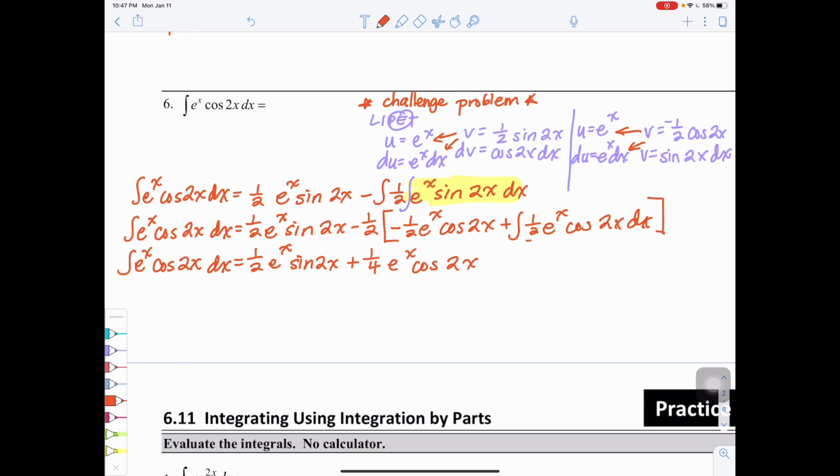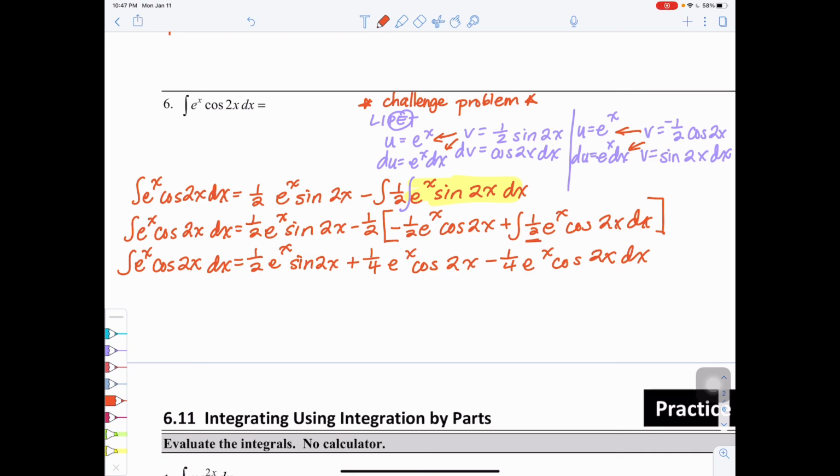And here we have another 1/2. So that's a negative 1/4 e to the x cosine 2x dx. So now what we have is that we can add that to the other side of the equation. So that makes it really, really nice.